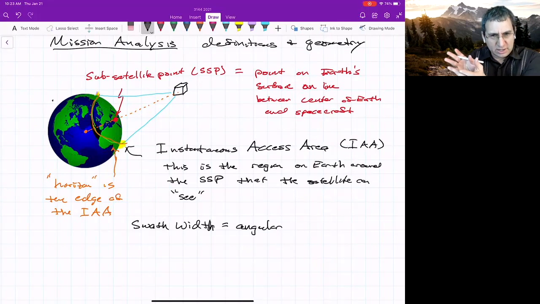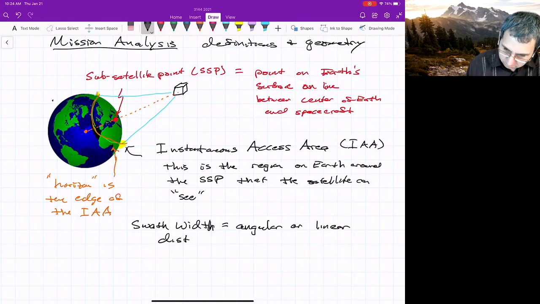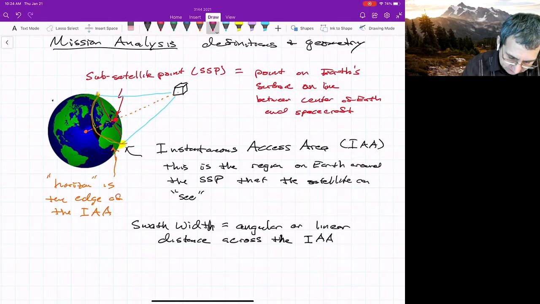We're talking about solid angle. There's the cone. There's a question: is this cone tangent to the surface of the Earth? We'll get into the geometry later, but the answer is yes. This is the angular or linear distance across the instantaneous access area. So, for this, I might say from here to here is the swath width.